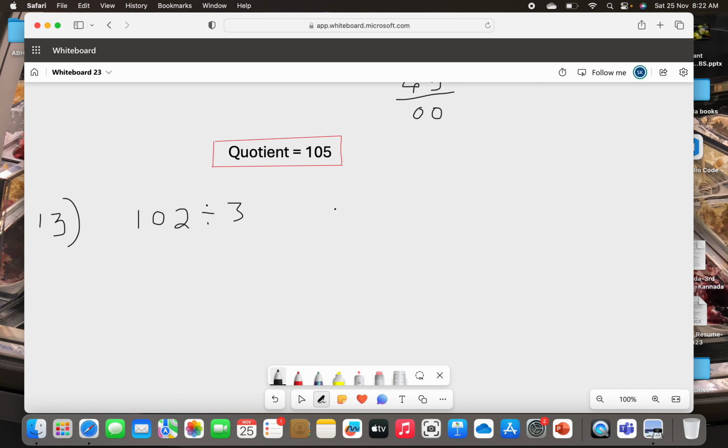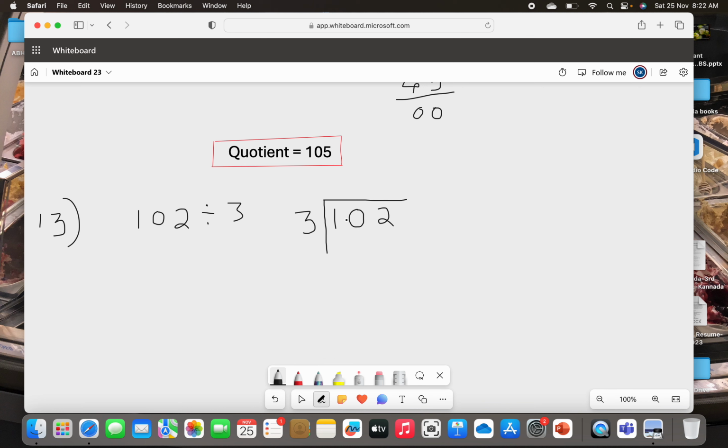Okay, now write 102 divided by 3. Is 1 divisible by 3? No, because 1 is smaller than 3. So you go for the next digit. 10 is divisible by 3.